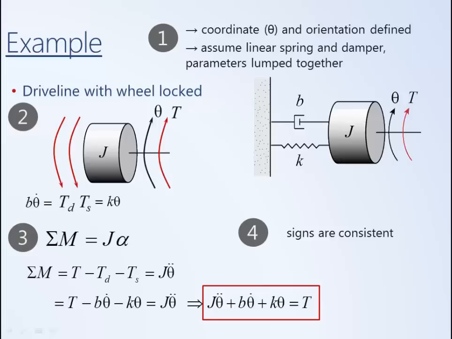Just real quickly before we move on, if we look at the purpose of modeling a drive line, it can be especially important when we're dealing with electric vehicles. And the reason that is because with an electric vehicle, oftentimes we don't necessarily need a transmission, and oftentimes we don't need a clutch.